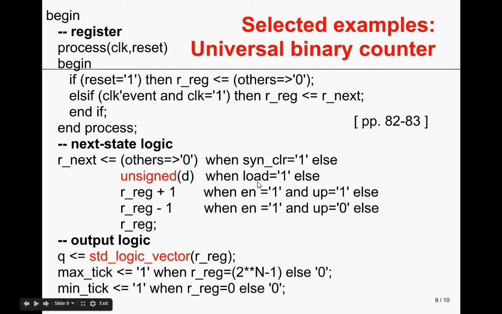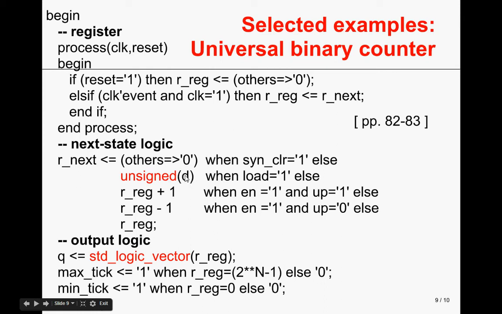Now, the second interesting thing to call your attention to is that we have a load input as well. And if load is at 1, then the next value will be the parallel inputs of this counter.